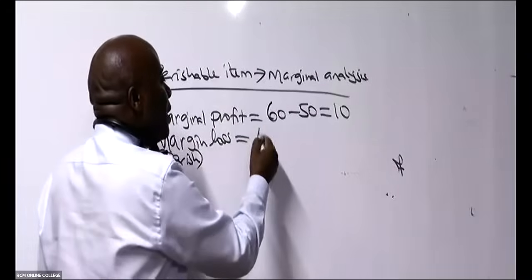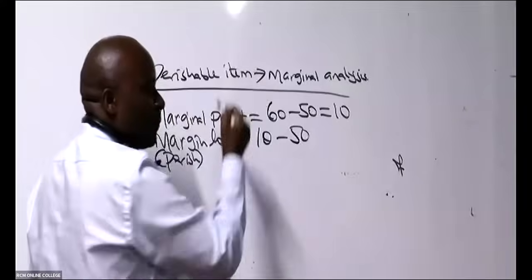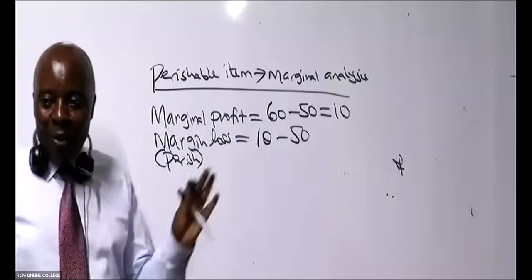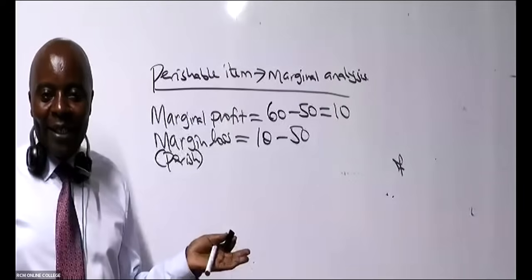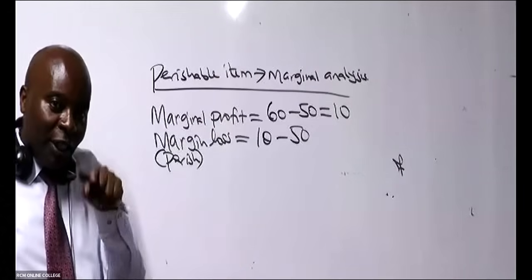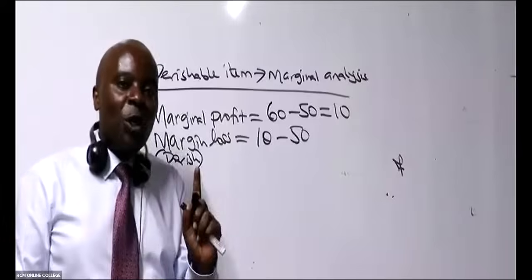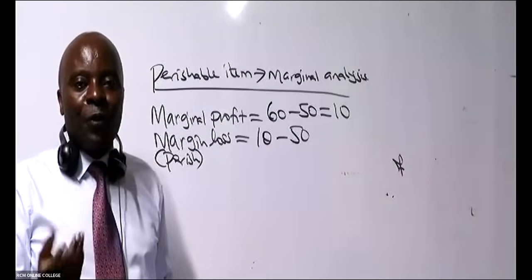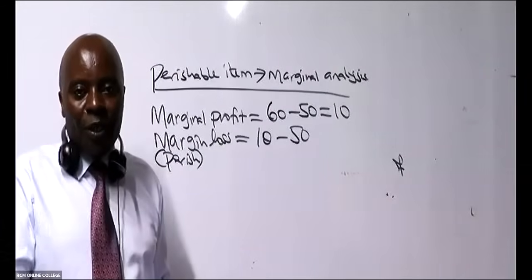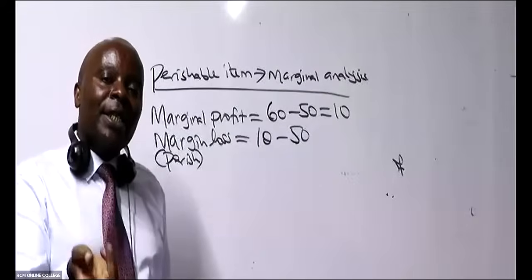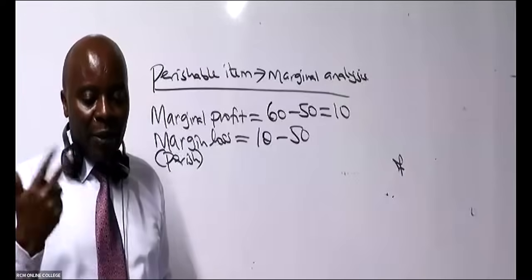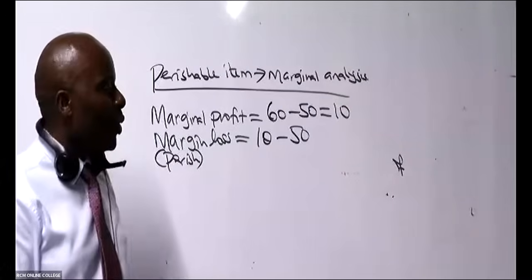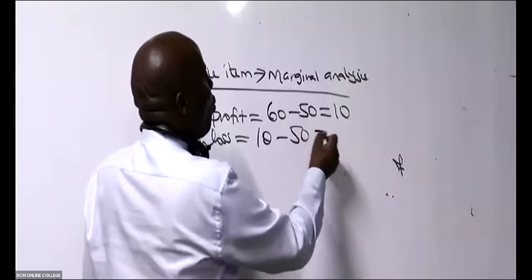And they had bought this newspaper for the normal buying price of 50. To get profit, you're looking at revenue minus cost. So my revenue is the lower price I'll be selling, which is 10, minus my cost of procuring, which is 50. So the loss will be 40.